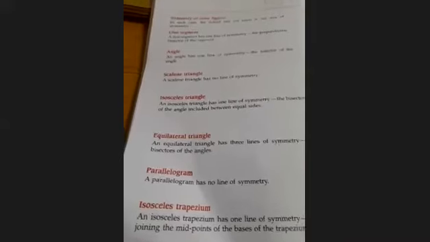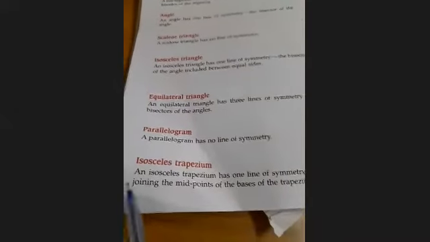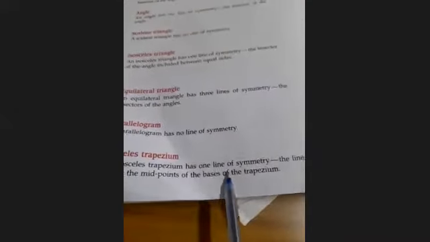Next is the isosceles trapezium. Yes, beta, this is a figure of a trapezium. An isosceles trapezium has one line of symmetry.